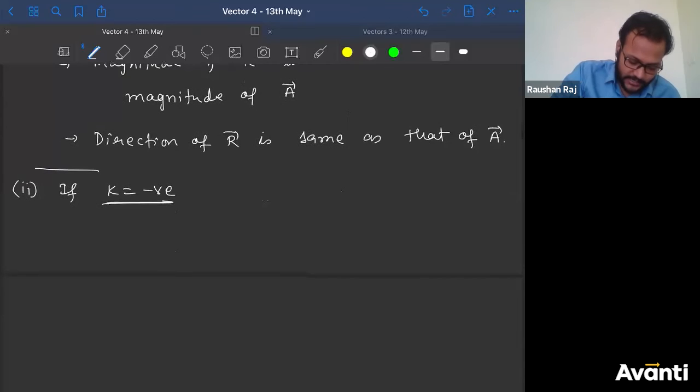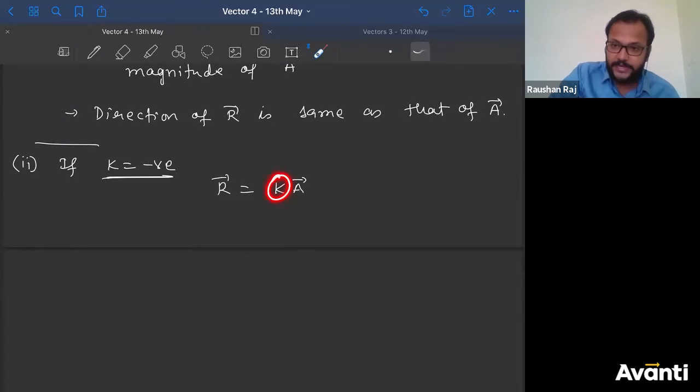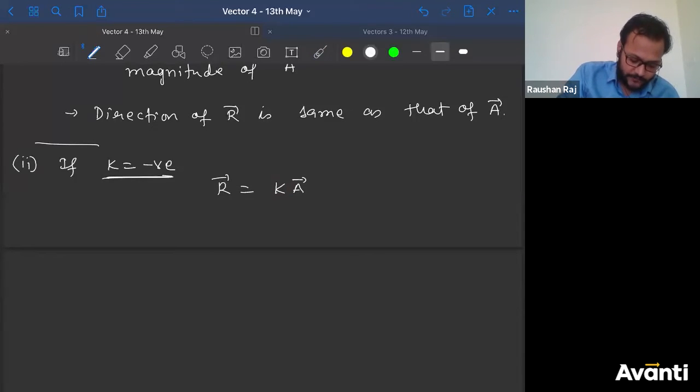Okay, so what will we write? If r vector is equal to k into a vector, and this k is a negative value, if k is a negative number, then what does negative mean? Direction will be opposite. So what will we write?